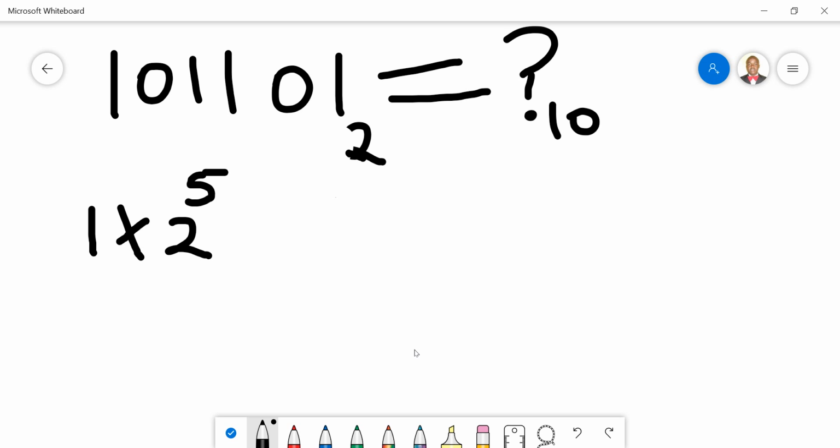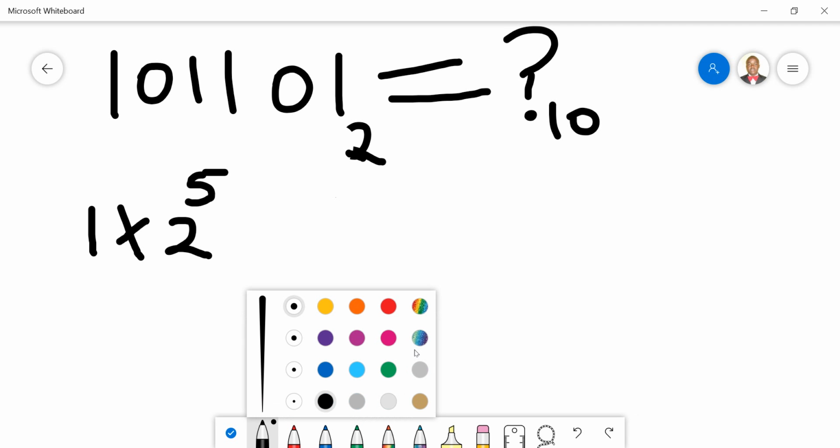Because if you remember, our digits start from 0, 1, 2, 3, 4, 5. So let me just write it so that you can see it on the board.